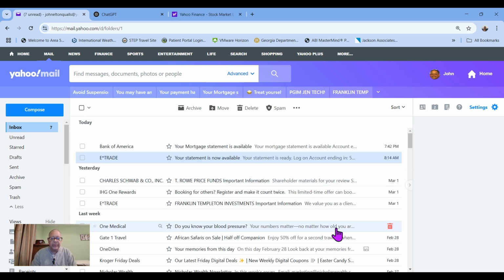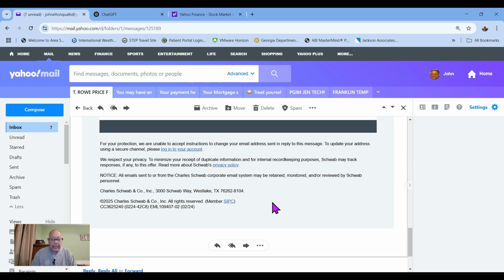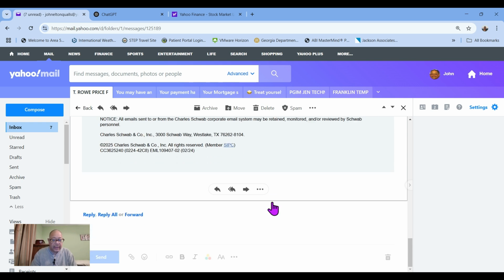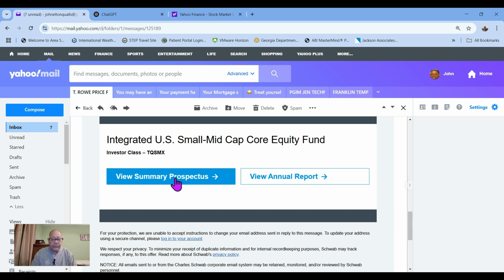Okay, so we're going to take a look at one more, and then we'll just talk about these investments and what we can do with them. So these are two new investments here. This came in from Charles Schwab, and let's see. Here's a view to summary prospectus. So we're going to take a look at this one here.